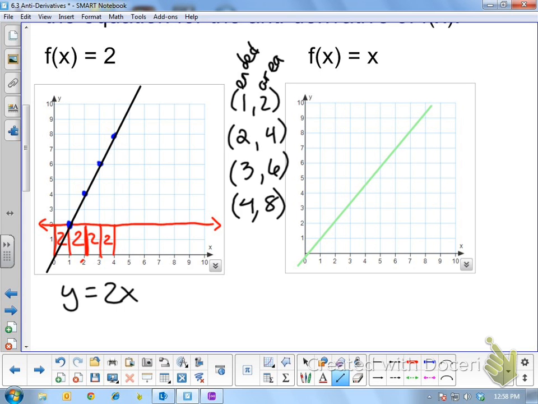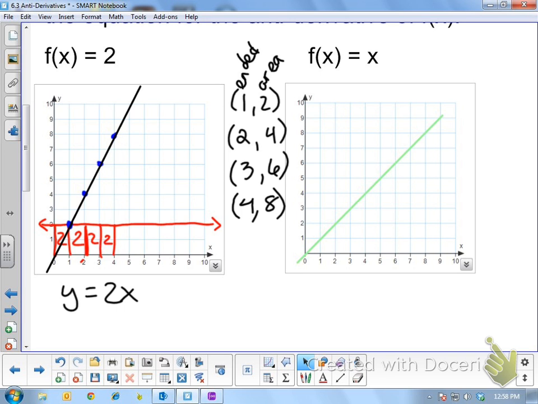We have the line y equals x. There we go. We have the line y equals x.